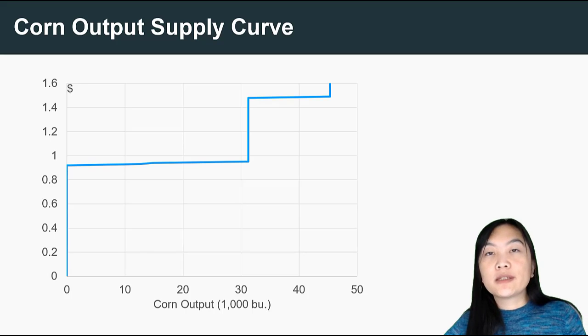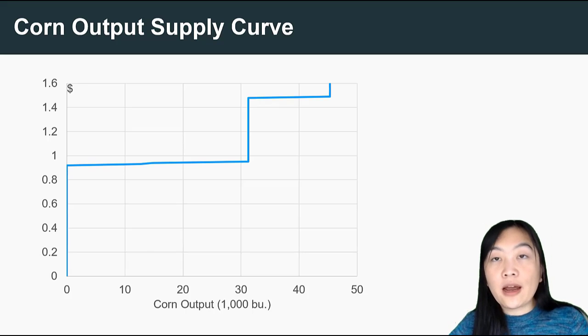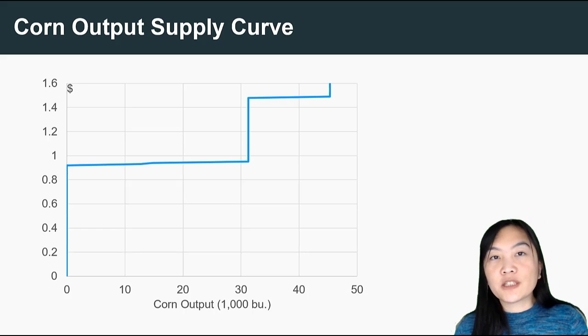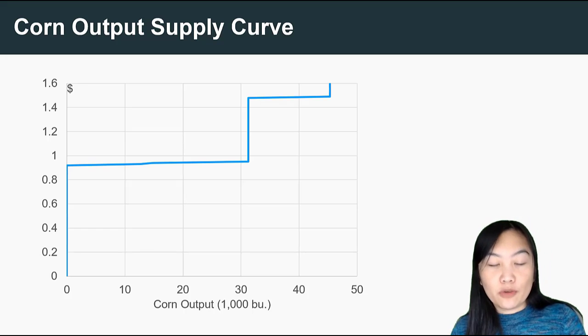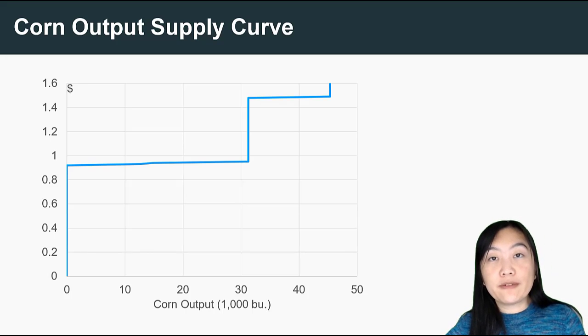However, it is consistent with the output supply function in that this is an upward sloping function, which is true for supply functions: if the price is higher, then the producer is willing to supply more. So that's how you get this output supply function.